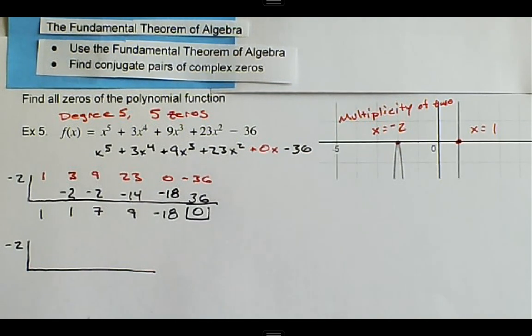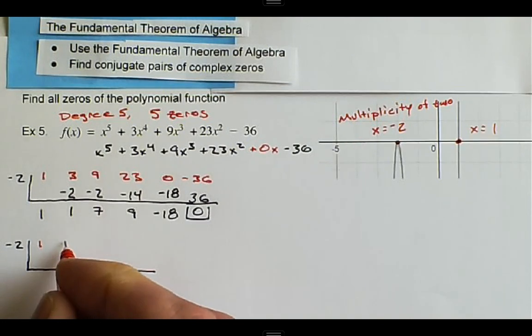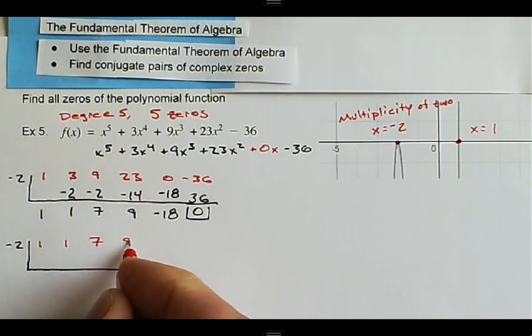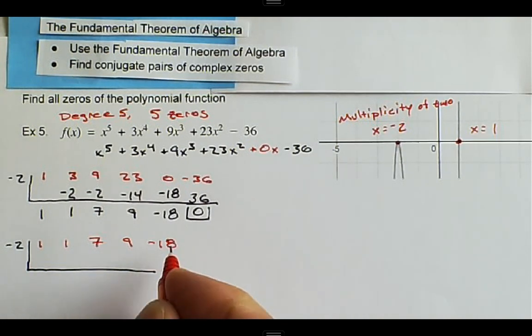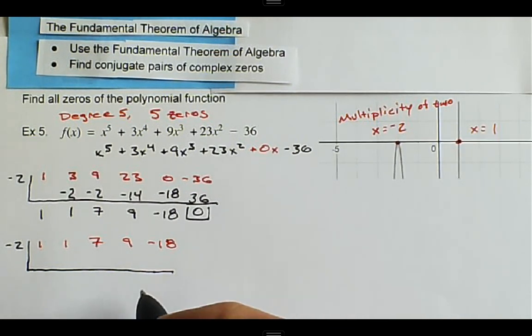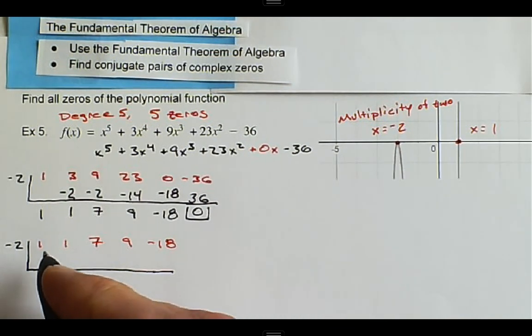And we are going to use our remaining polynomial, which we have down here, which is 1, 1, 7, 9, and -18. And so we're going to add down and multiply in the diagonal.